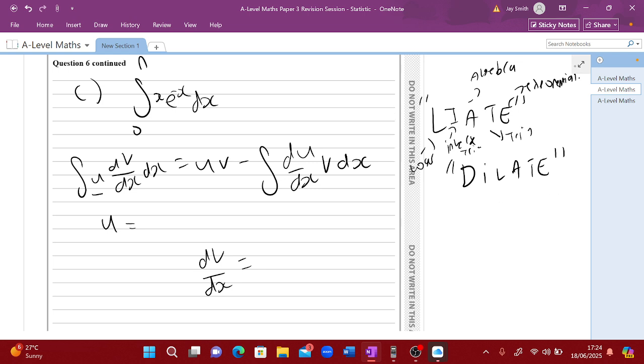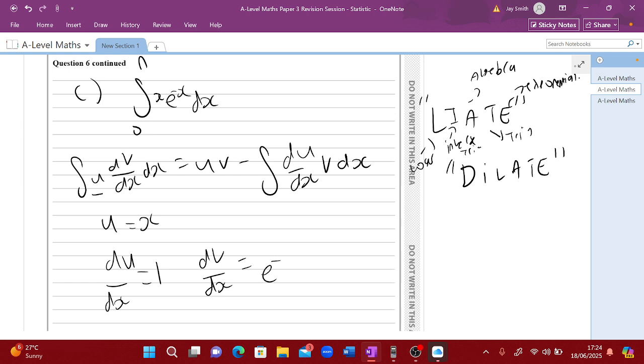So what are we going to differentiate? Which one comes first? L, there's no logs, there's no inverse. A, we have an algebra term, so we have an x. So we're going to want to differentiate x. So that's going to be u, which will then go to 1, because x will go to 1. And that makes sense, because if we differentiate to a constant, we're going to be left with some form of e to the minus x. We know how to integrate e to the minus x.